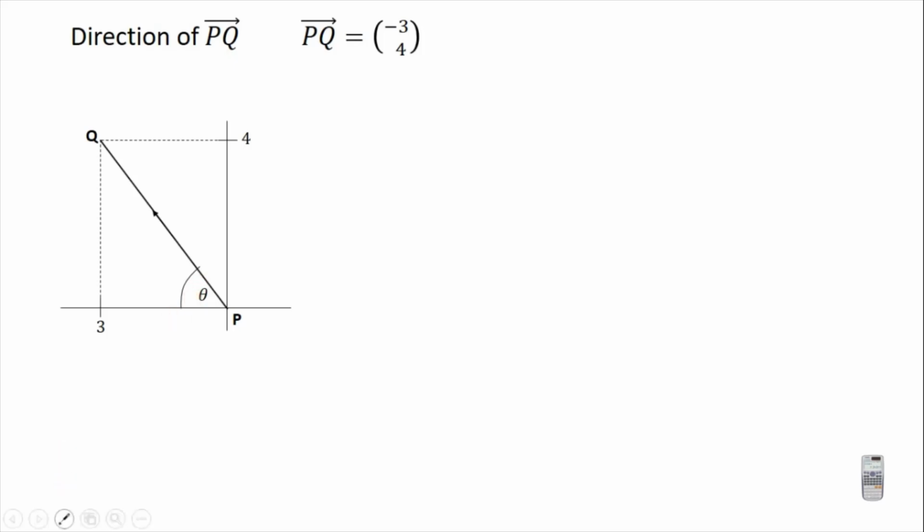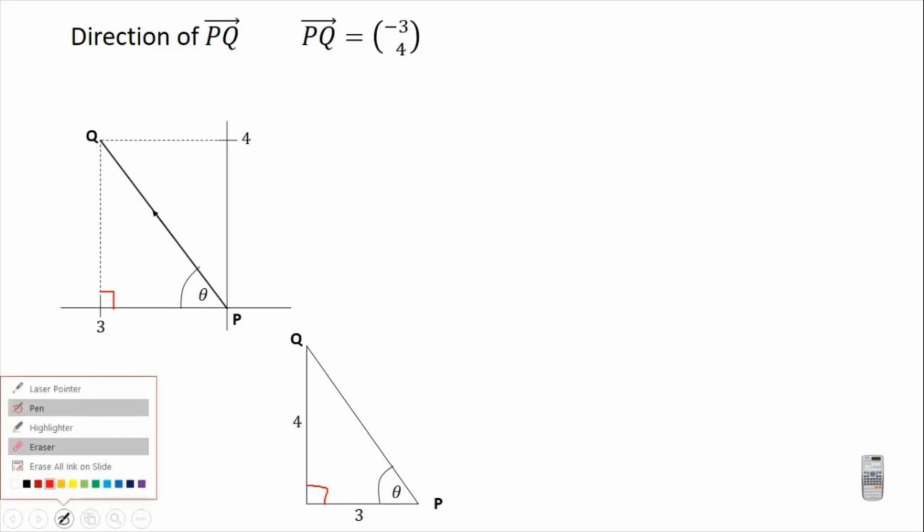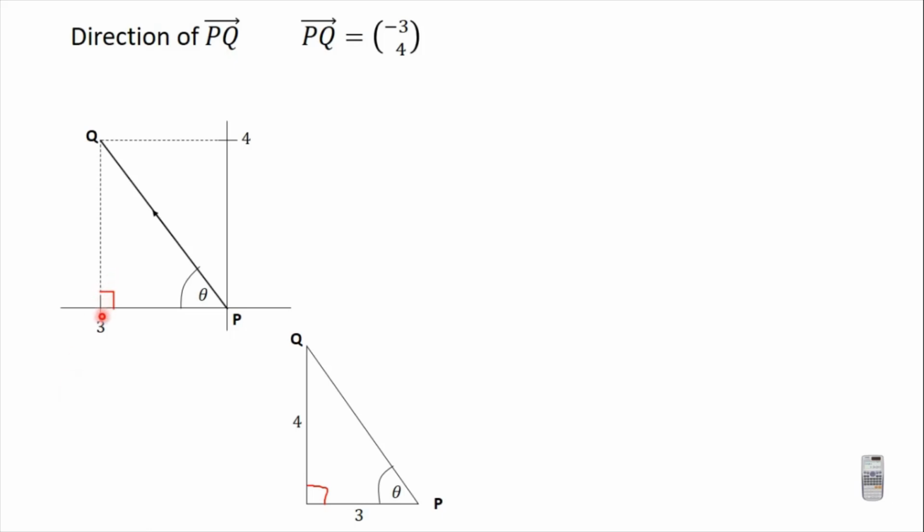Now you will see that we are forming a right angled triangle here, with the right angle being at this place. So if I draw a simple right angled triangle for this, we have the right angle here. Moving from this point to Q is 4, so this side will be 4. From P to this point is 3, so here is also 3. So we have opposite, which is 4, and adjacent, which is 3.